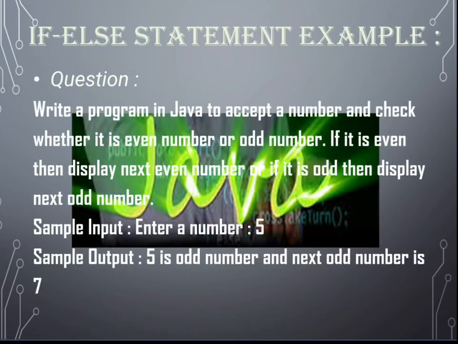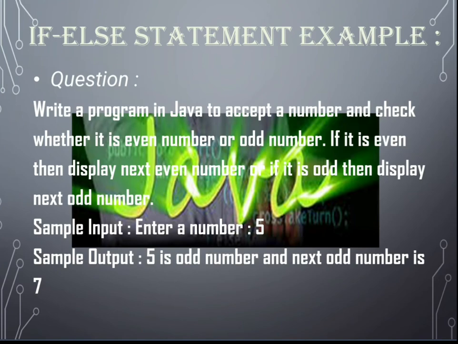And then see, one question is in front of you all, so that you can understand how we are going to apply if else. Write a program in Java to accept a number and check whether it is even or odd. Means a number can be an even number or an odd number.